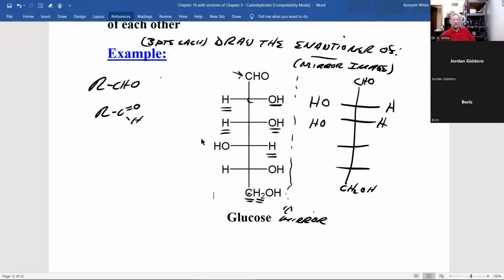What's closest to the mirror? Hydrogen. What's farthest away? Hydroxyl. And finally, the last of these four carbons, this hydroxyl is closest to the mirror. So we'll see that first, then the hydrogen. And this is the enantiomer of glucose.